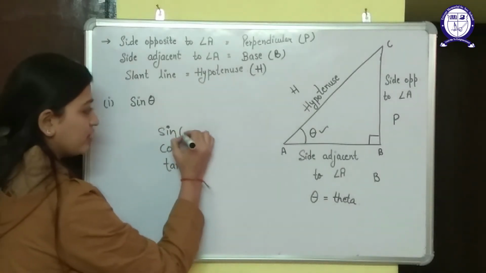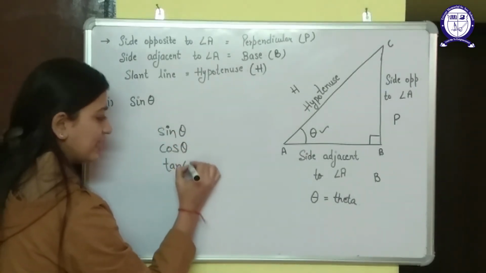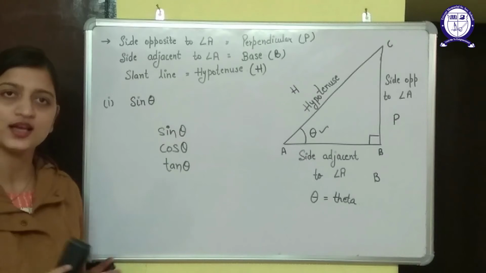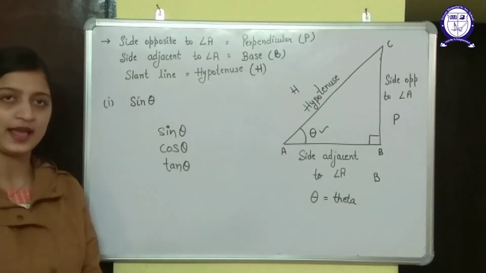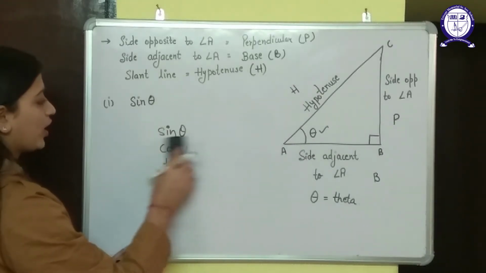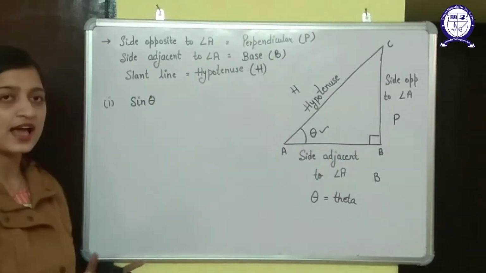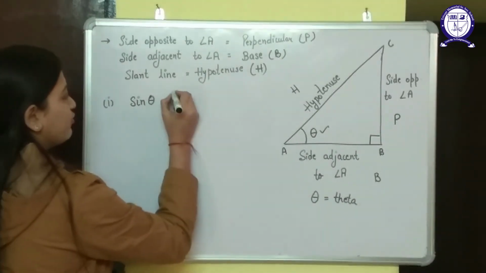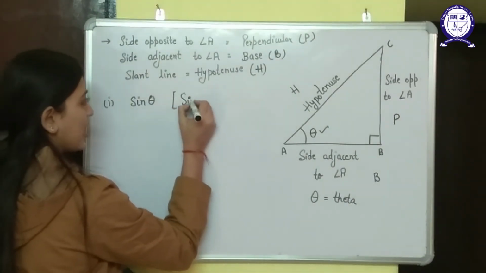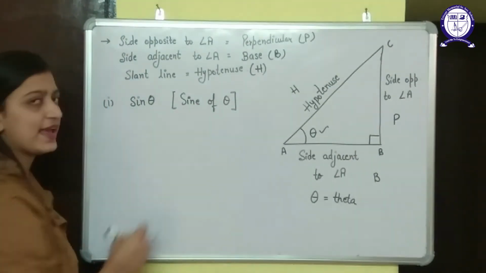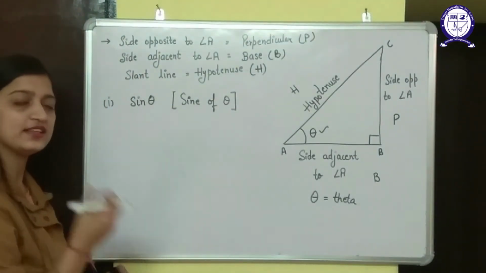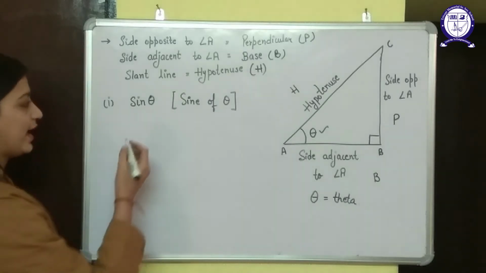When I write it with the angle, then they become trigonometric ratios. So we cannot write them without the angle attached to them. So the first one is sine theta. The full form is sine of theta, and we write it in the short form as sin.